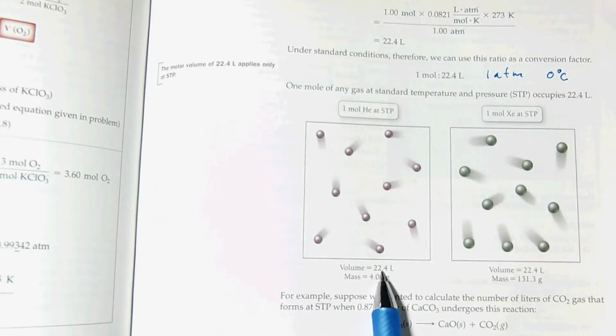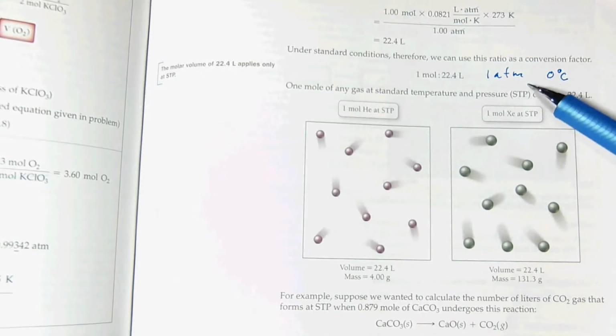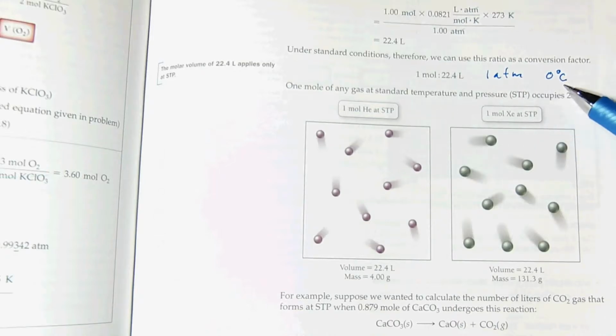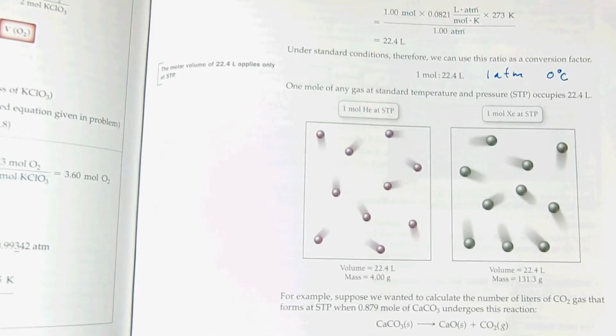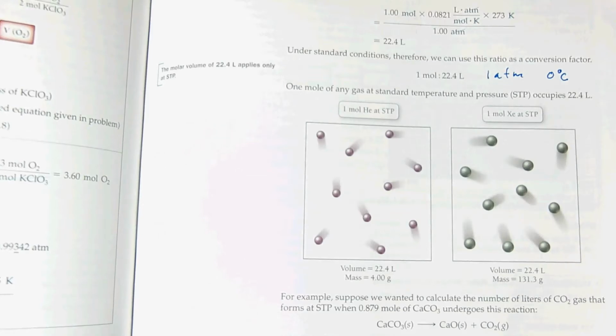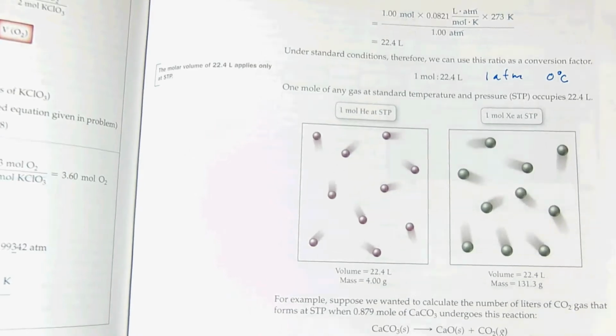That'd be about 5 gallons or so. So if you picture a 5-gallon gas can, that's about a mole of gas at 1 atmosphere and 0 degrees. So at that special combination, 1 mole takes up 22.4 liters. That's not true for liquids, it's not true for solids, it's only true for gases.